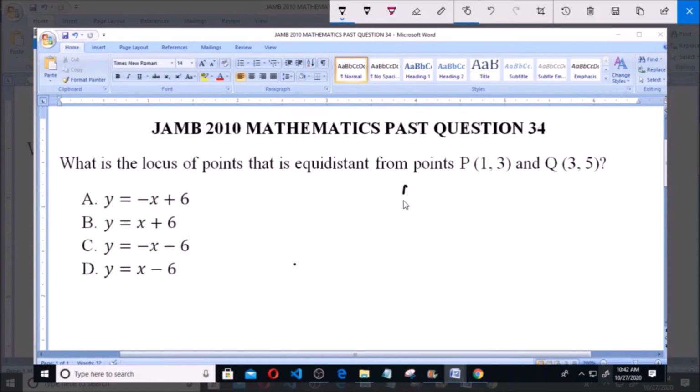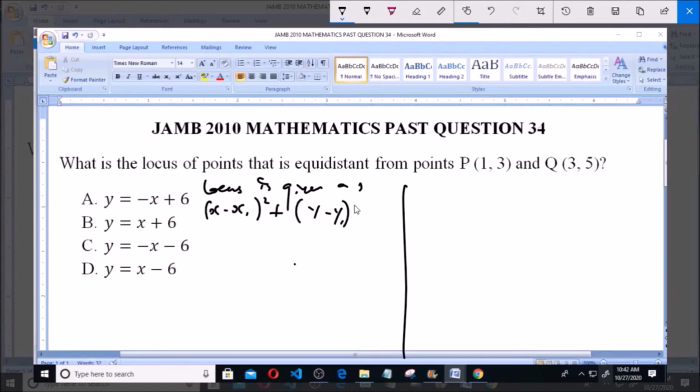Now, the locus of a point is given as x minus x1 square plus y minus y1 square, which is equal to x minus x2 square plus y minus y2 square.